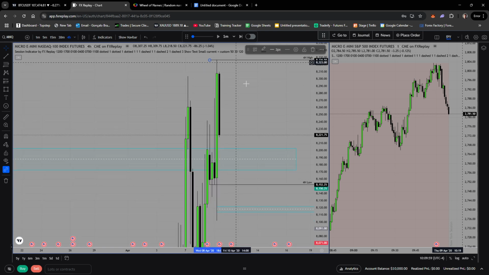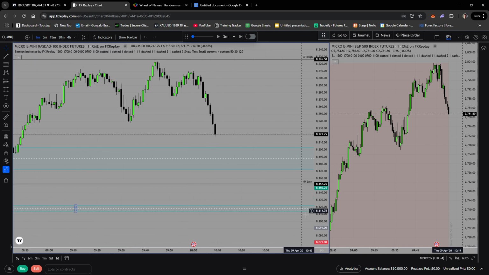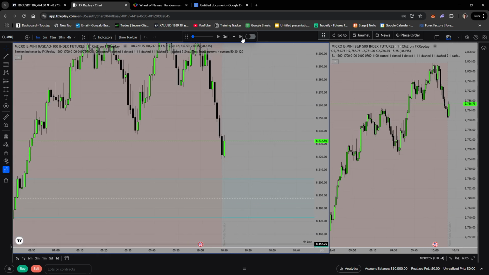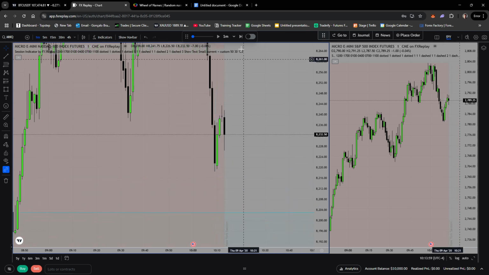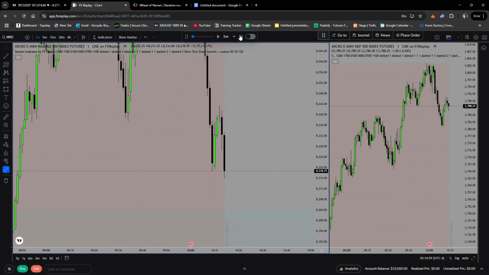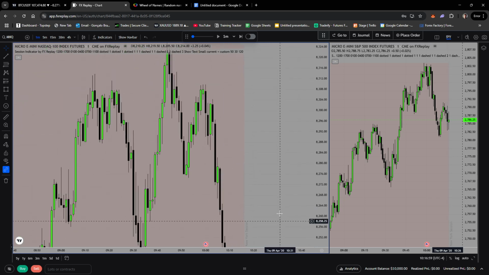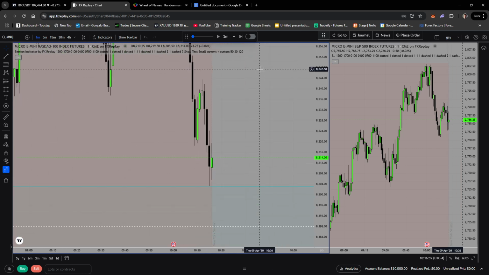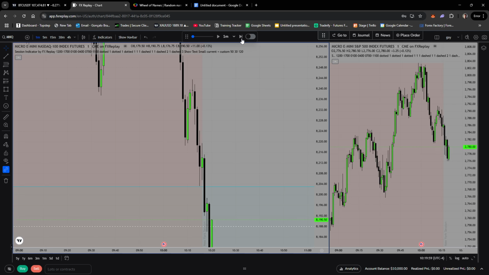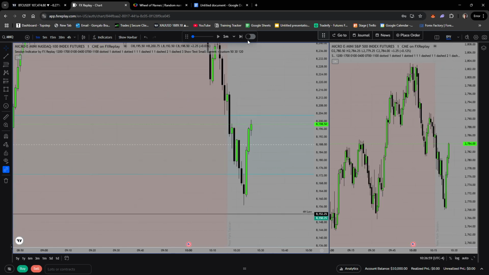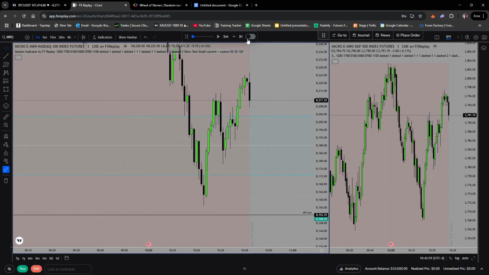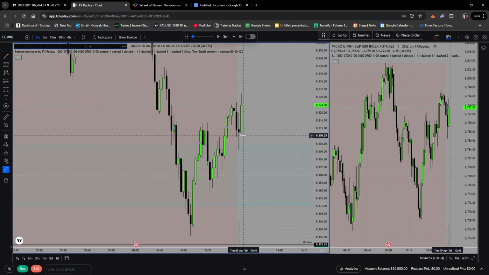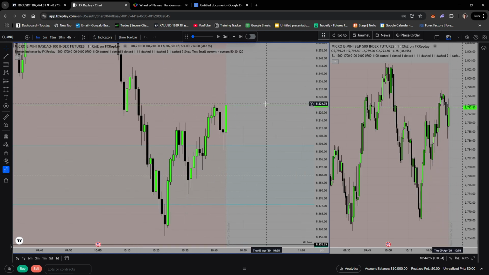So a little bit indecisive here. I want price to tap a PDA or sweep the low. There we go. So we tap the bullish gap. We favor being bullish. This now gives us a bit of bias to go from.